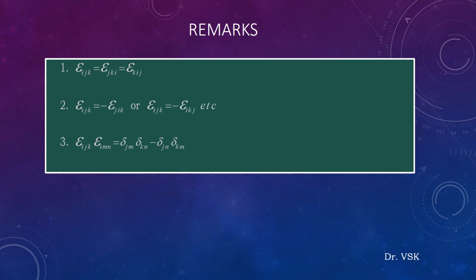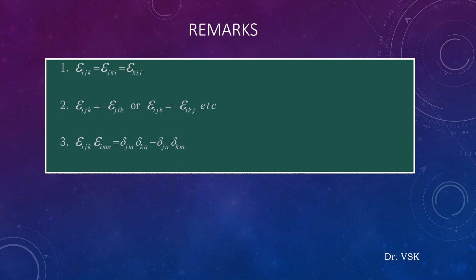Observe here that we interchanged the positions of i and j indices. That means if I flip the indices i and j, we get a minus sign. So epsilon ijk equals minus epsilon jik.